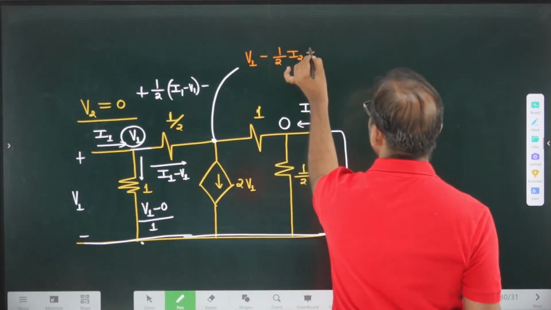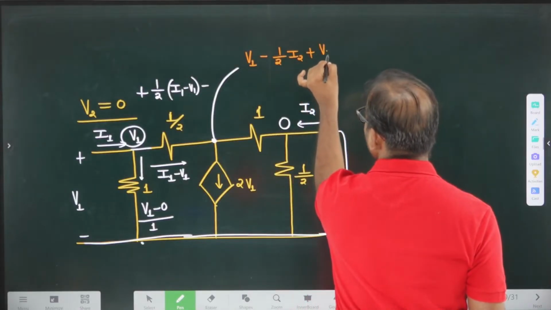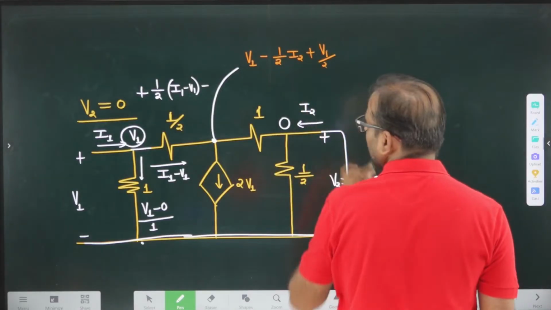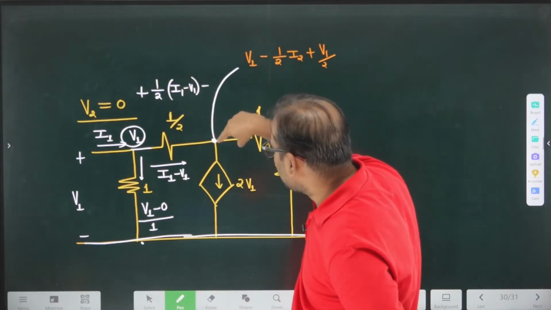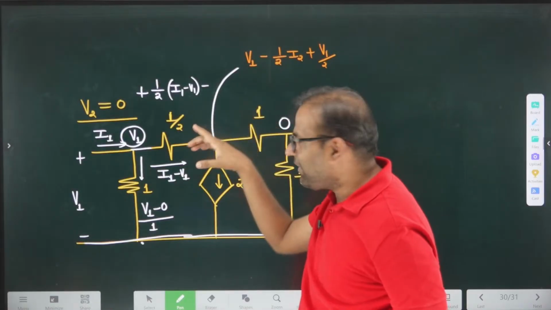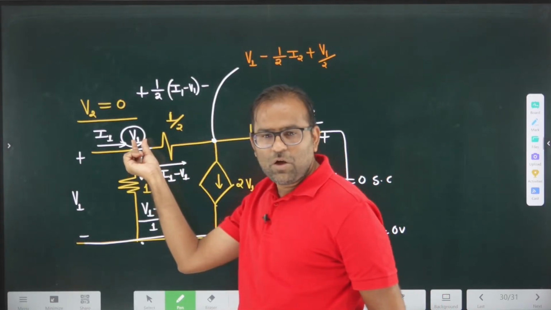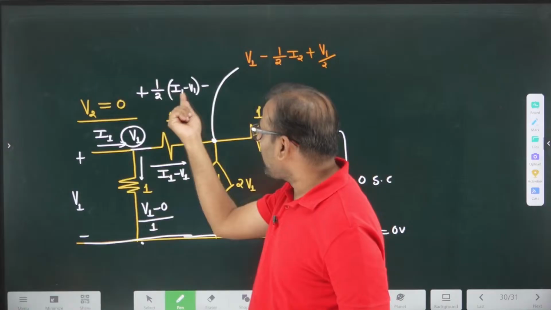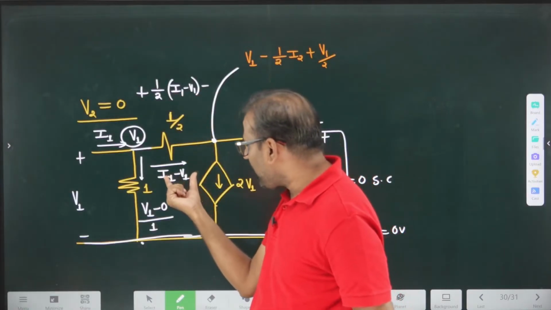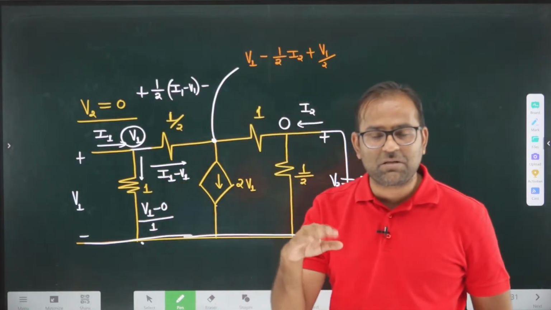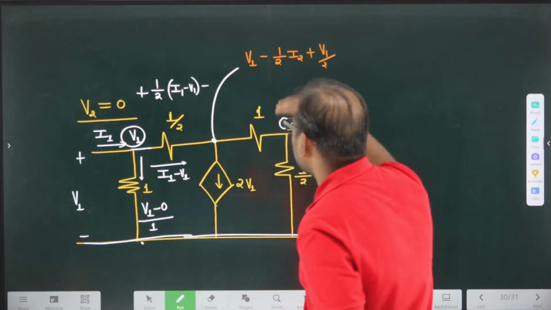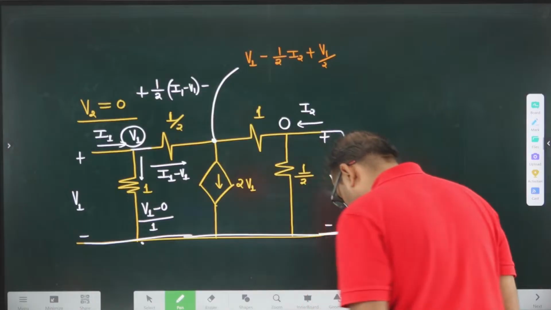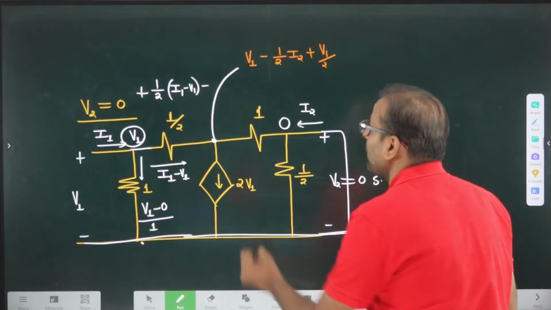plus V1 by 2. Can I say V1 में अगर इस पोटेंशियल को सब्ट्रैक्ट कर दिया जाए तो मुझे इस पॉइंट का पोटेंशियल मिल जाएगा. V1 इनपुट नोड का जो पोटेंशियल है उस पोटेंशियल में से half of I1 minus V1, half of I1 minus V1 is the current, that is multiplied by half is the potential drop. So input minus this potential drop is the potential of the current source. And what is this value?